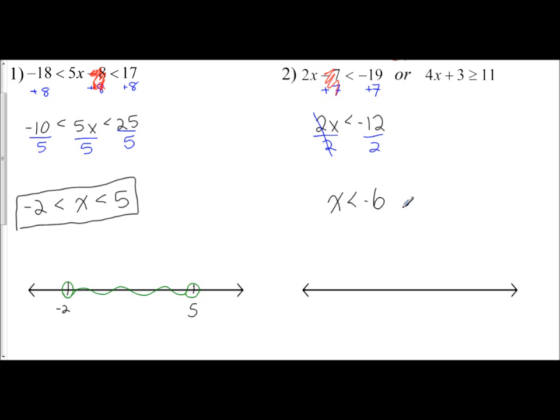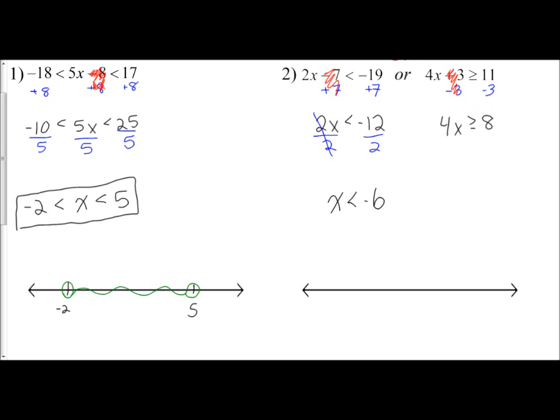So that's the first part of our compound inequality. I still have to work with this 4x plus 3 is greater than or equal to 11. To solve here, I would get rid of the plus 3 first by subtracting 3 from both sides. And what that allows me to do is to make the next statement 4x is greater than or equal to 8.